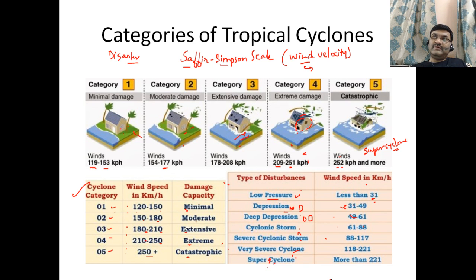Also try to understand the difference between the weather associated with the tropical cyclone and a temperate cyclone. Weather associated means you should know four parameters: pressure, wind velocity, cloud cover, and rainfall. How these four change as the cyclone moves over any region will be known as the weather modification associated with the cyclones. Right.